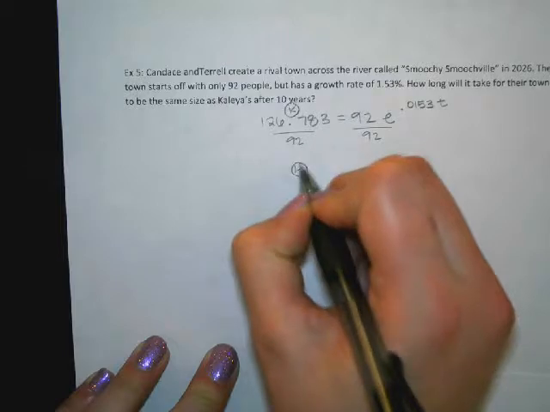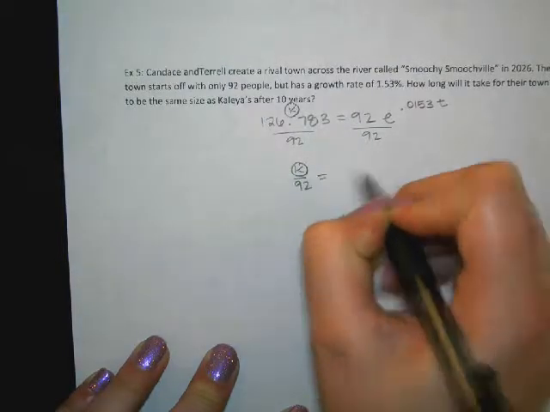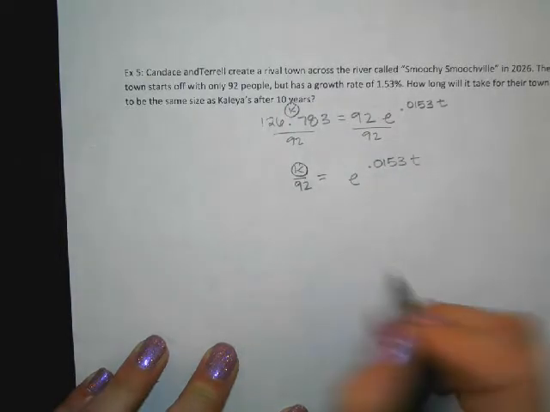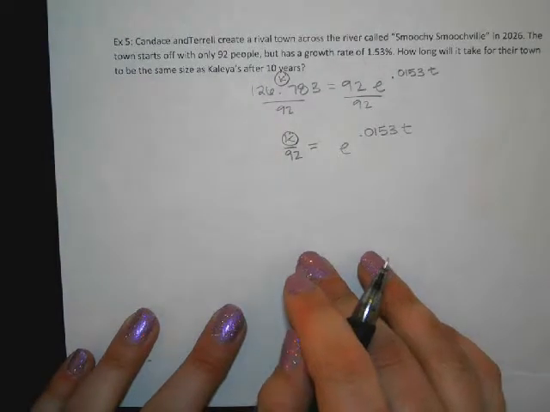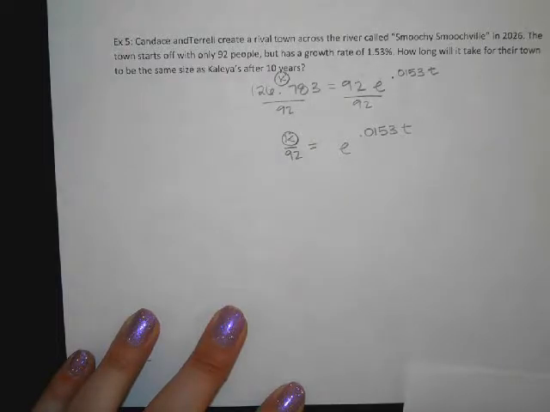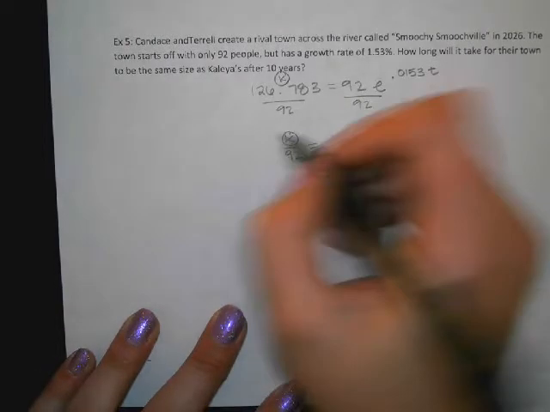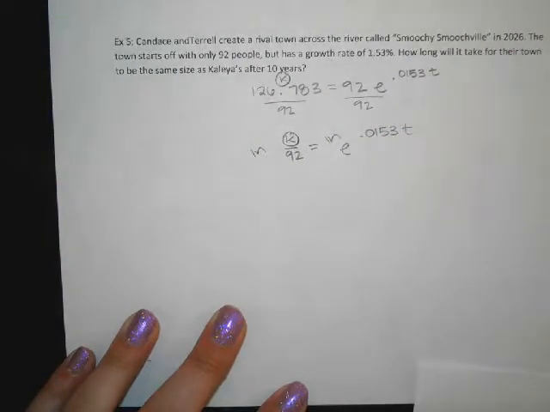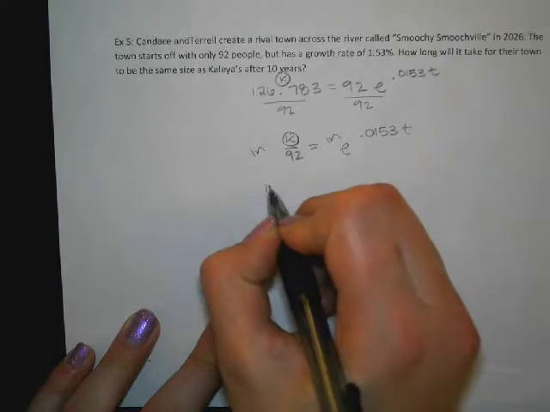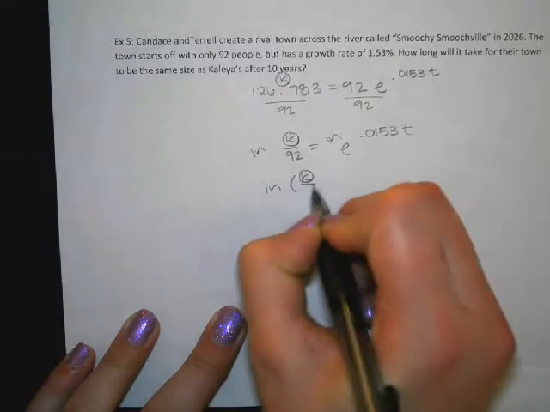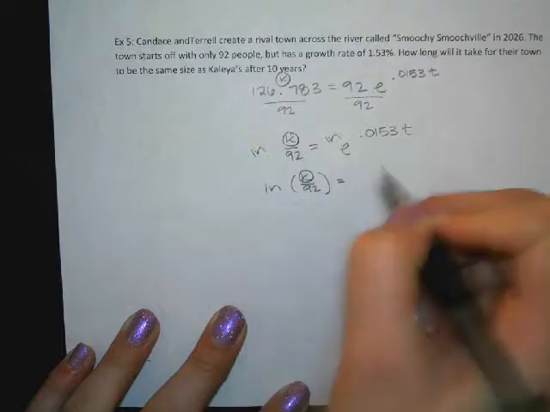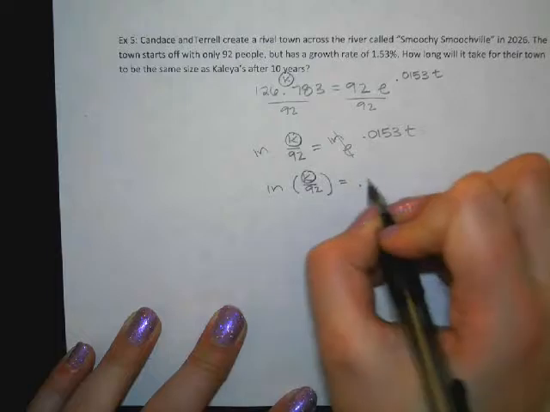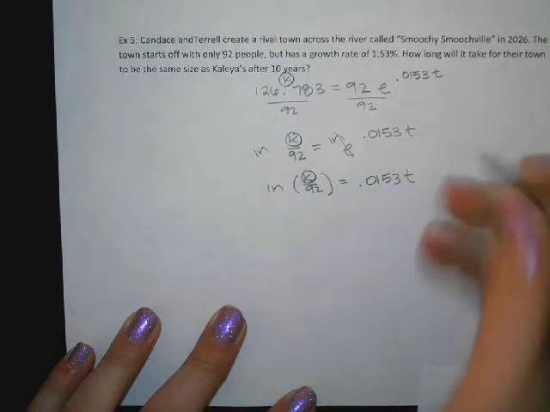So my stored number for K over 92 equals E to the 0.0153 T. I ln each side. So I have ln of K over 92 equals 0.0153 T.